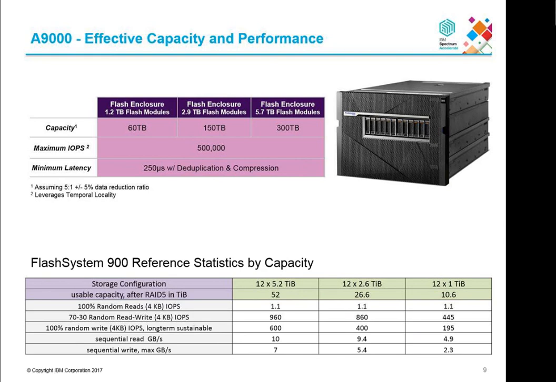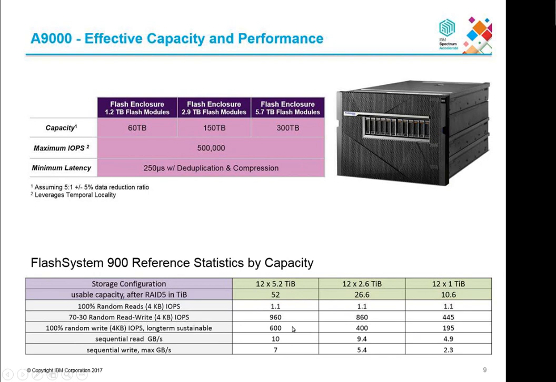The way we build the micro latency modules in the FS900, I actually have 1, 2, or 4 flash chipsets on each micro latency module. So the minimum config is a much reduced resource set from the maximum config.